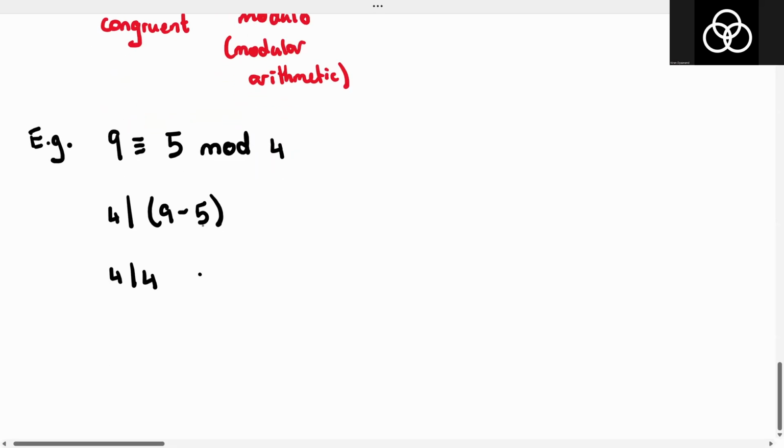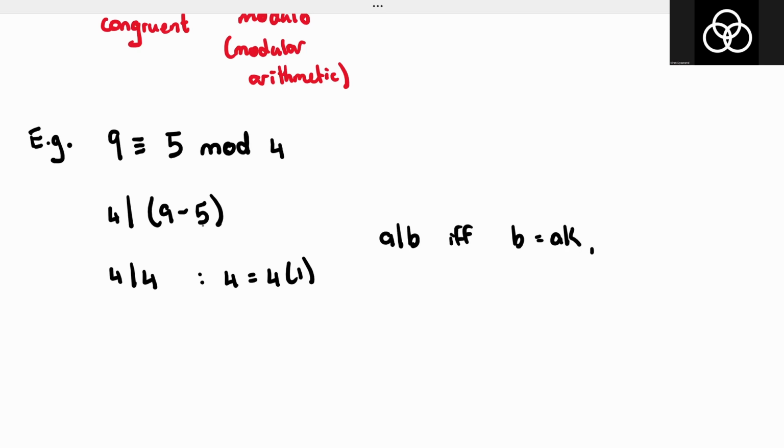Of course, we could write 4 as 4 times 1. So this is an integer. A divides B if B is equal to AK, where K is an integer, right? So this is our divisibility definition, right? So we have 1 is an integer, so 4 divides 4.